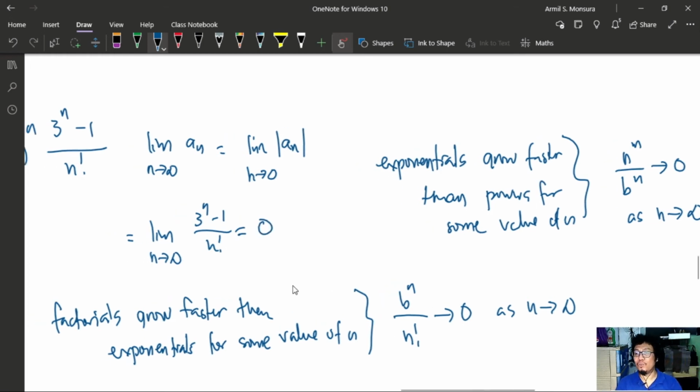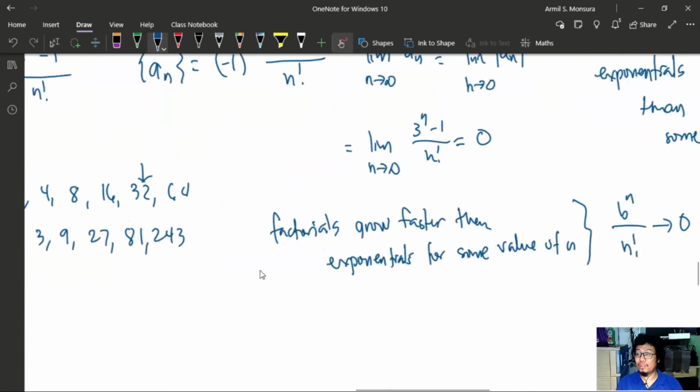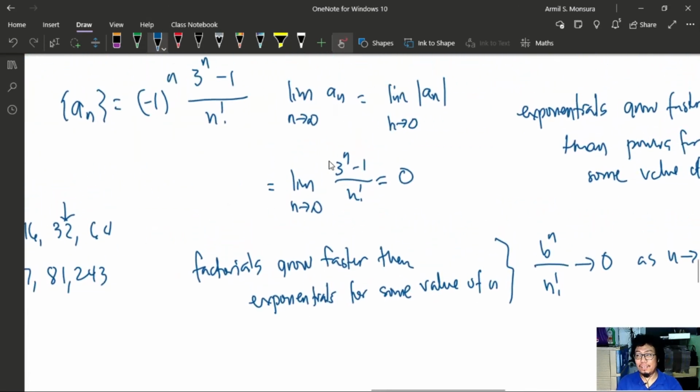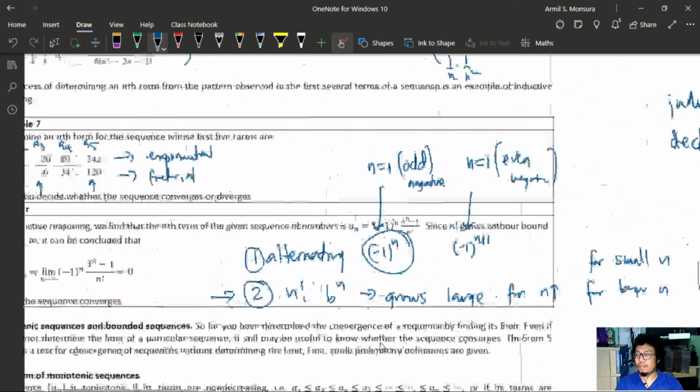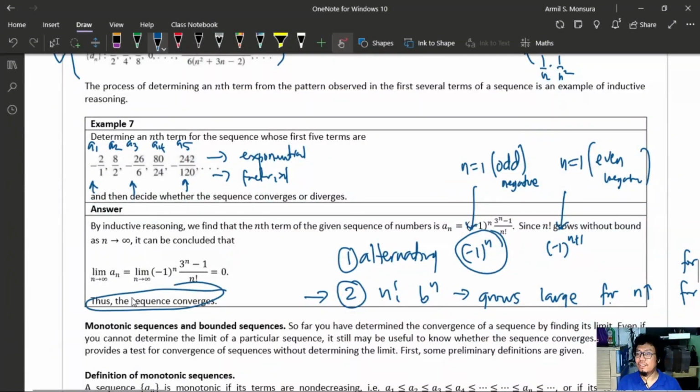And therefore, by theorem 4, the limit of the absolute value is 0, so we conclude that the limit of a_n as n approaches infinity is 0 also for the alternating sequence.